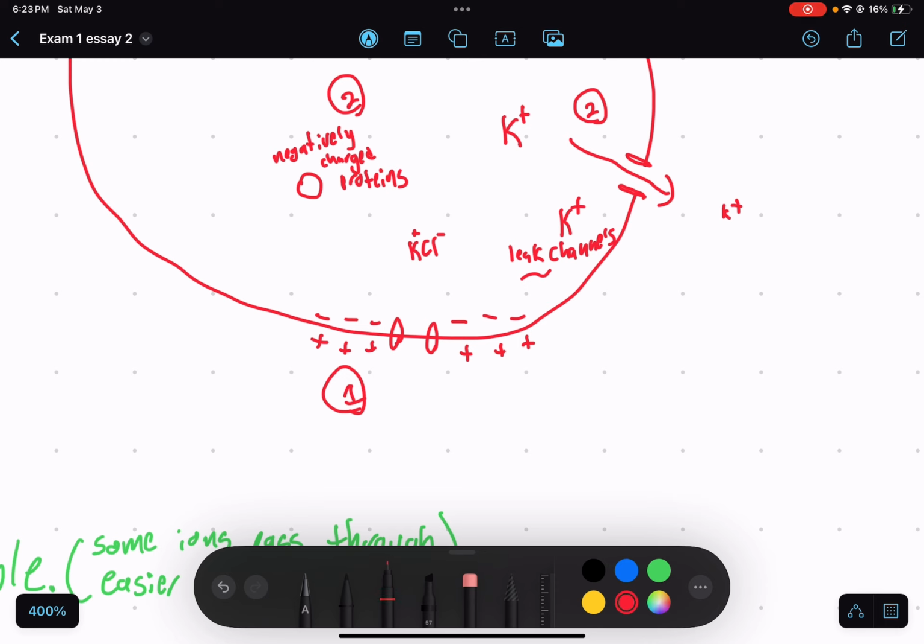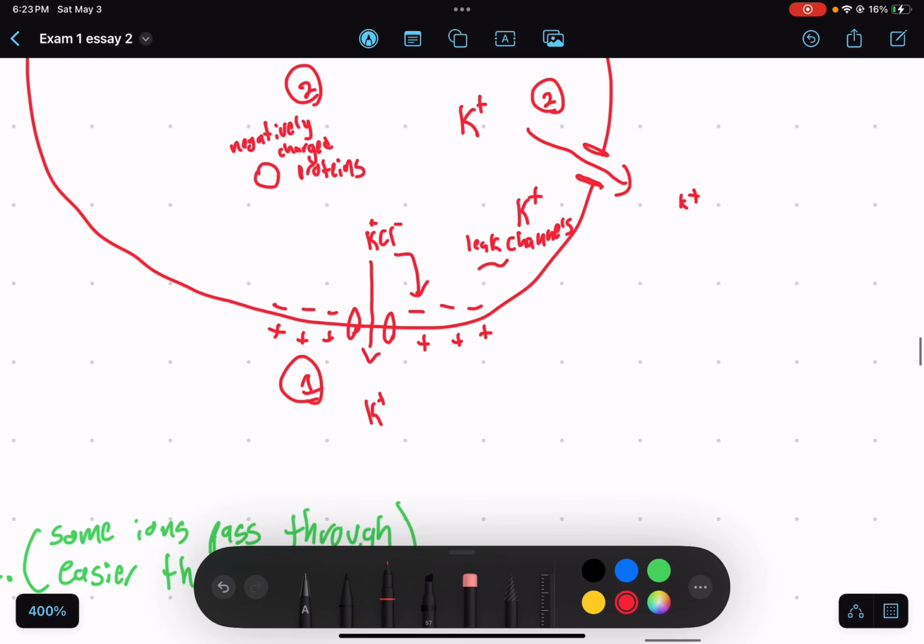What's happening is that potassium is going to leave, so just that potassium leaves, but that leaves a negative charge on the inside. And because the charges want to find each other, you can't just have a charge on its own. You're going to have this negative on the inside and that positive on the outside. And that will then cause the inside of your cell to become more negative.